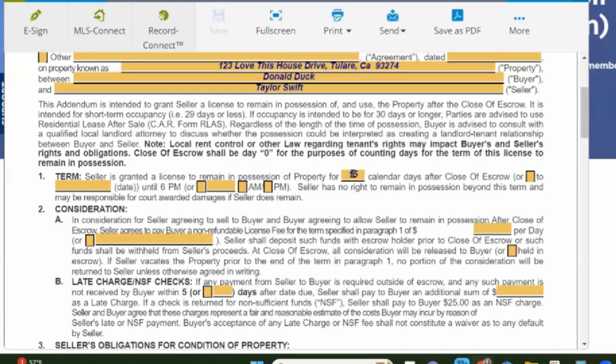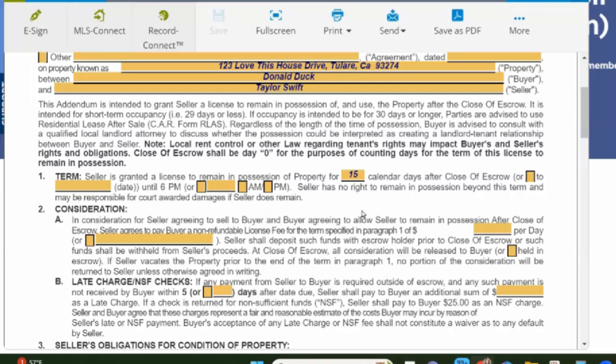So depending on the situation, you would either put a number of days or a specific date. I like to give them until midnight, because if you give them till 6 p.m., then all of a sudden the new buyer is anxious at 6 o'clock to move in. And if the seller ends up moving, it takes an extra hour or two. Nobody really cares that much at midnight, but they might care at 6 p.m. So I like to just put midnight in there. It makes things a little bit easier.